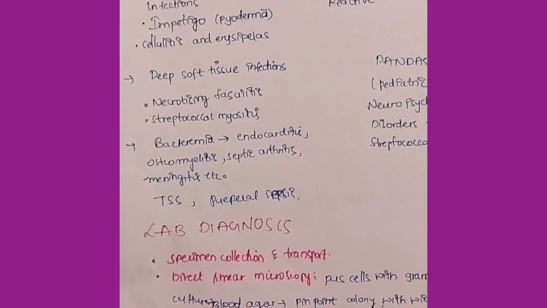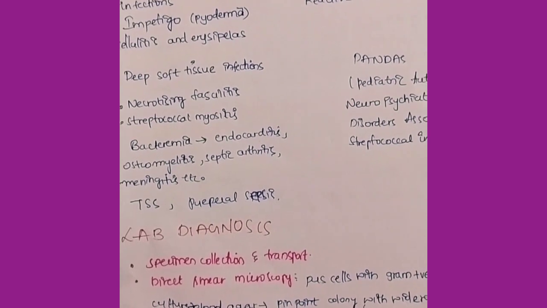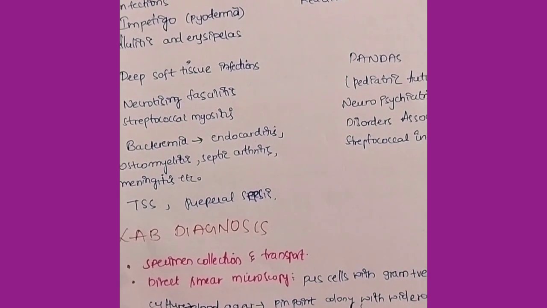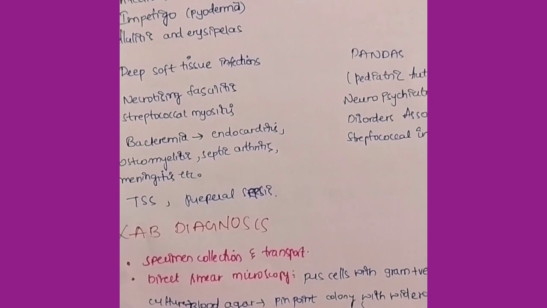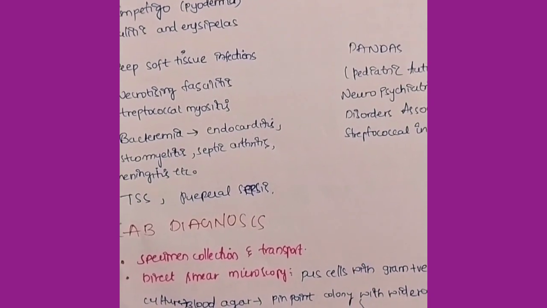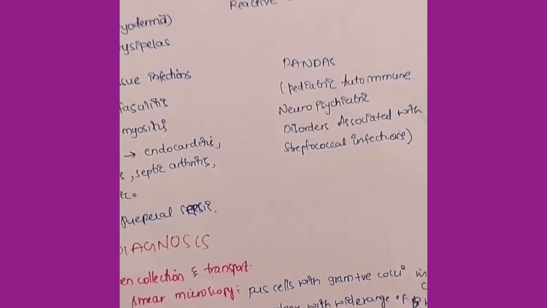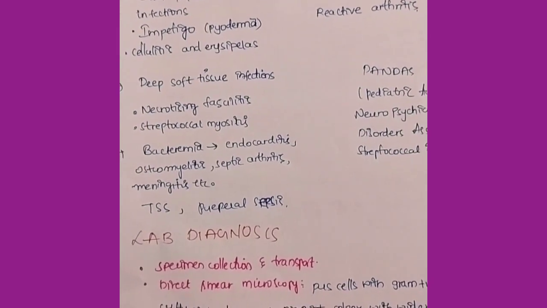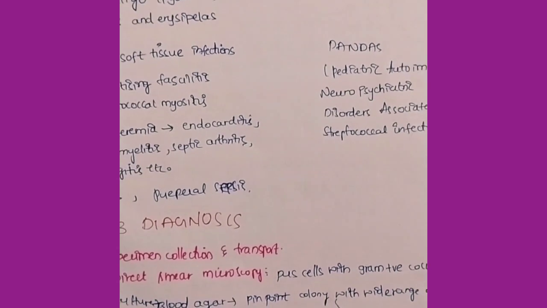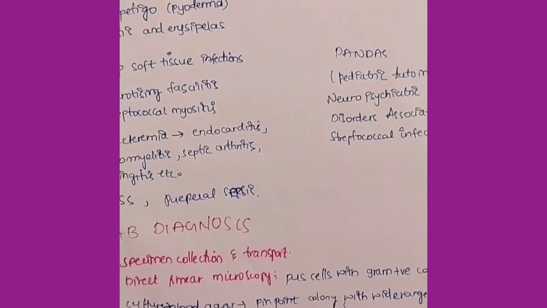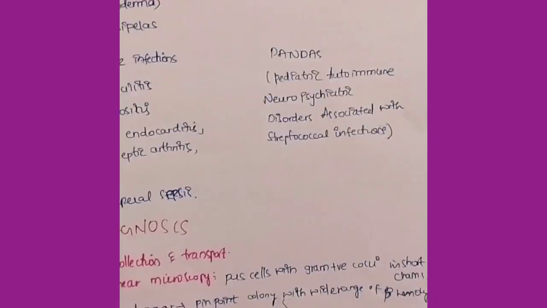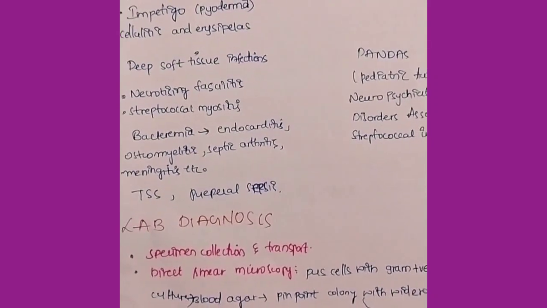Coming to lab diagnosis, specimen collection according to the site of infection is very important, and transport also plays an important role. On direct smear microscopy, you will see numerous pus cells with gram positive cocci in short chains. On culture, blood agar shows pinpoint colonies with a wide zone of beta hemolysis.